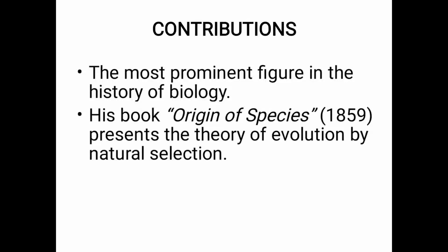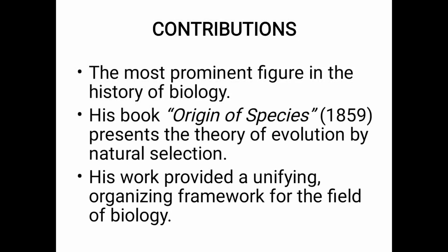He said in his book, which is why many got angry at him, that man came from apes or human-like organisms. And the people at that time were very religious, and they did not like to be called, or they did not like to know or to have an idea that they originated from apes. Okay? And his work provided a unifying organizing framework for the field of biology. So, Charles Darwin organized the study of biology because of that. Okay?